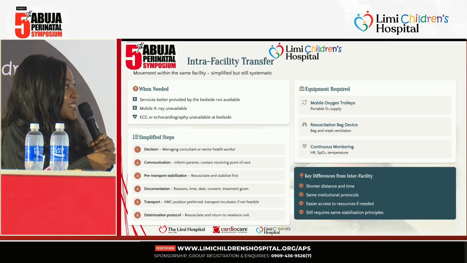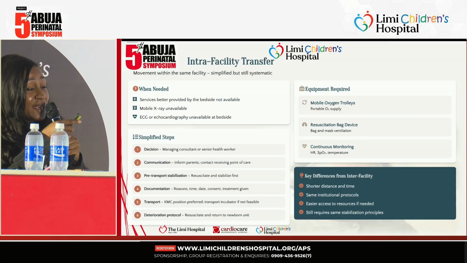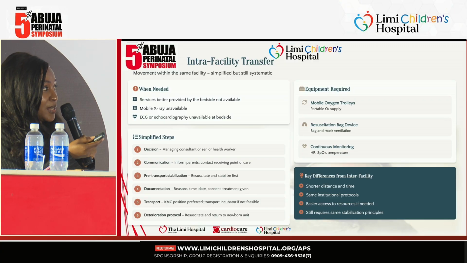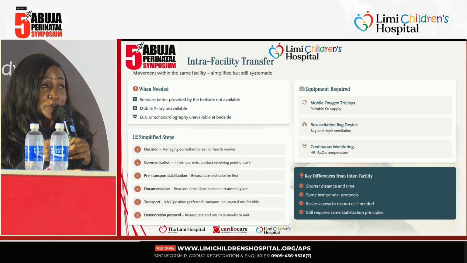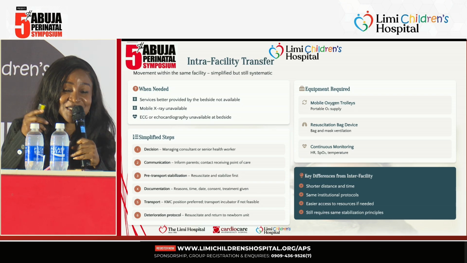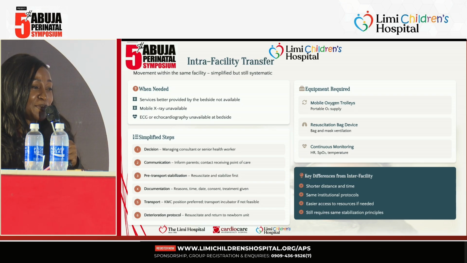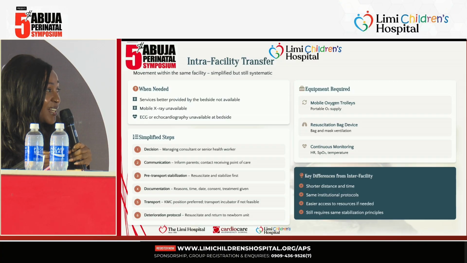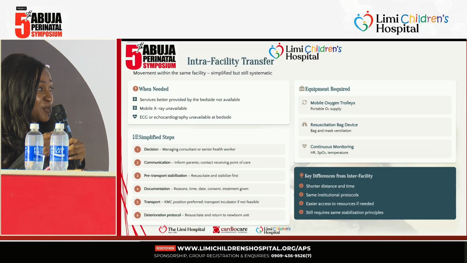So intra-facility transfer is just the same as what I just discussed, but it is within the same facility. Equipment required when you're going from maybe the NICU to radiology: ensure you have your ambu bag. You could carry the baby with oxygen if the baby is oxygen dependent.